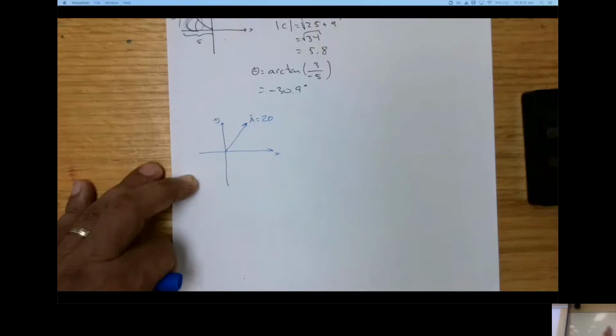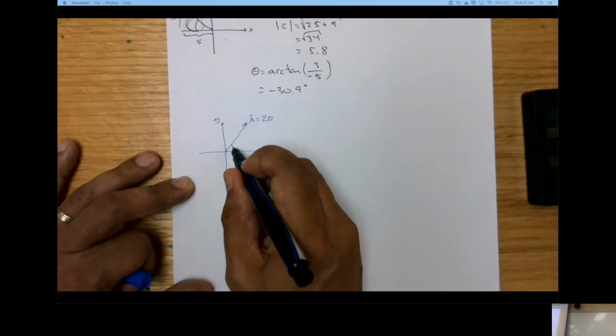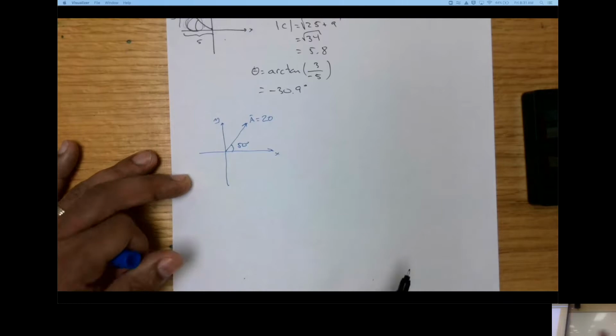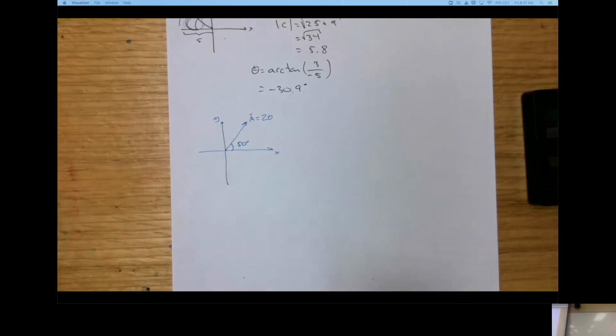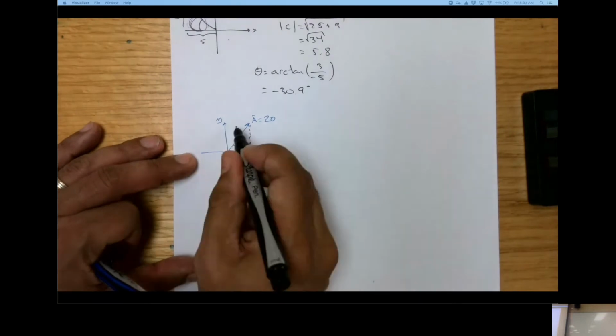I'm going to say that this is my vector A, and that this vector has a magnitude of 20, and the angle here is 50 degrees. So what I want to calculate is the x component of that vector and the y component of this vector.